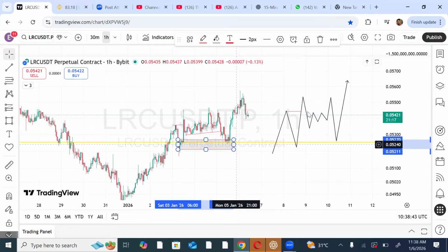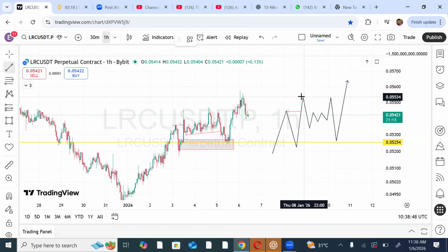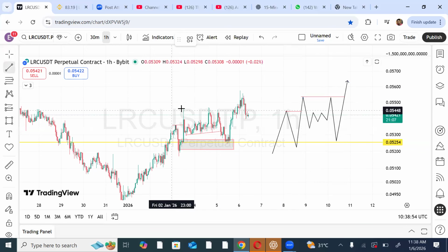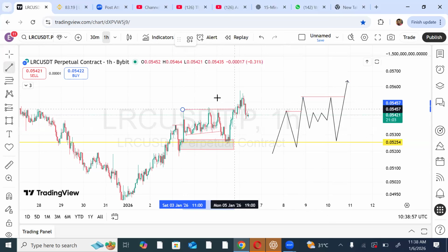Price mitigated, and we broke structure again. We now broke structure again. Very sharp. If you see this, very, very sharp.